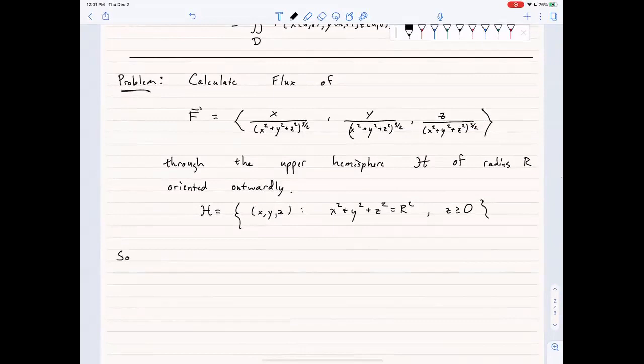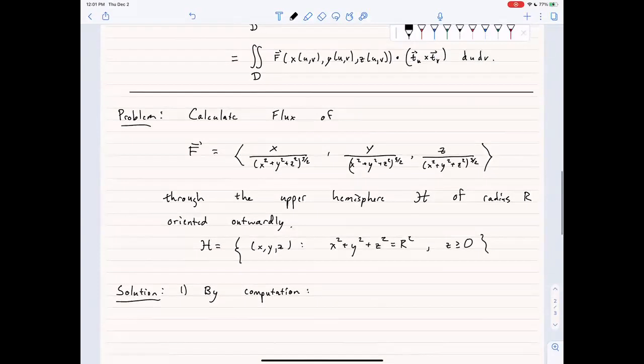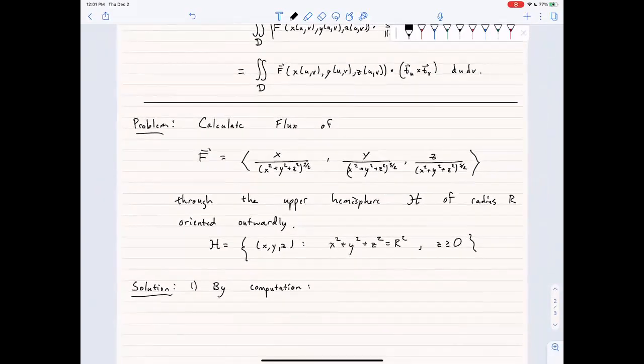So the solution, okay, let's talk about a solution to such a problem. There are two that we'll go over. One solution will be by computation. We'll use this formula that we just wrote down and compute this integral. Even in this case, though, we have to be cognizant of what we're doing. So, question.